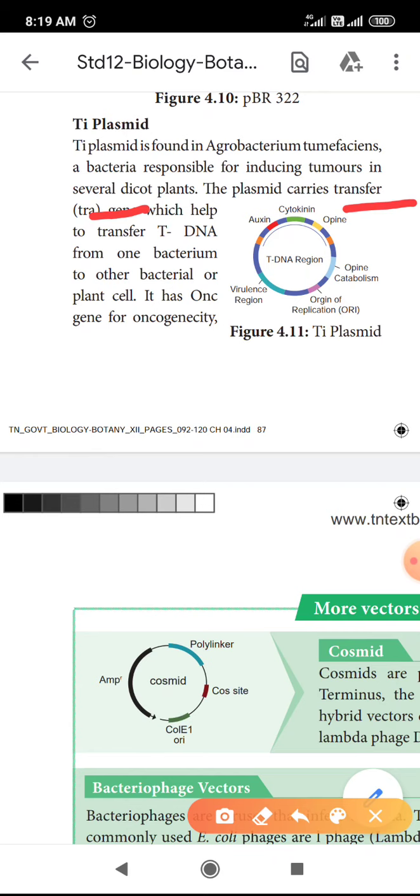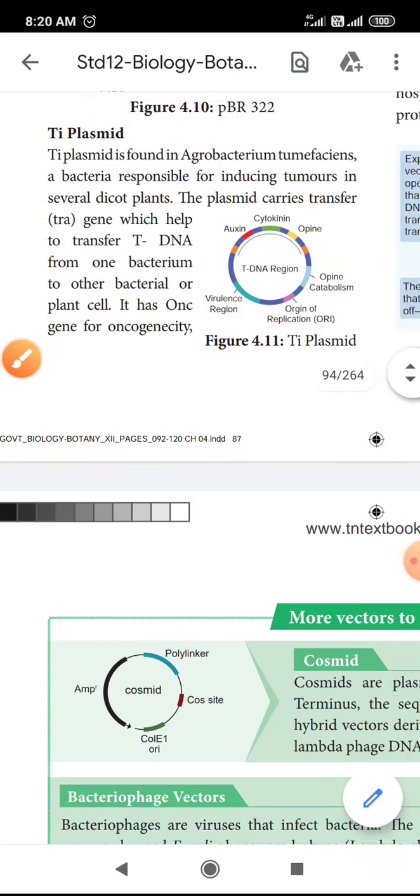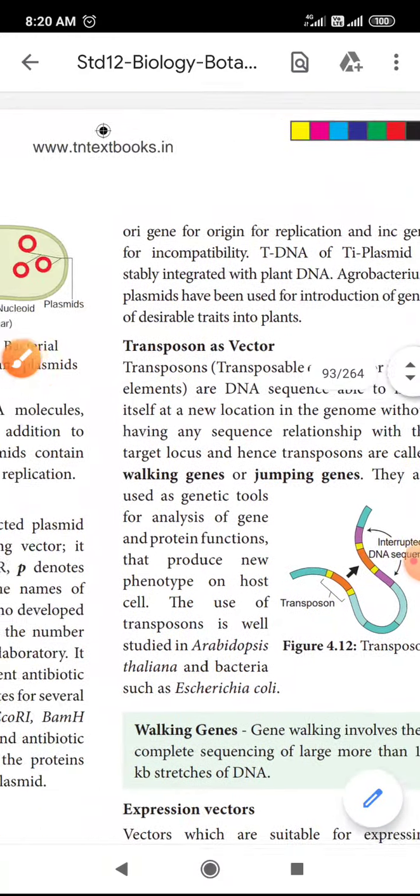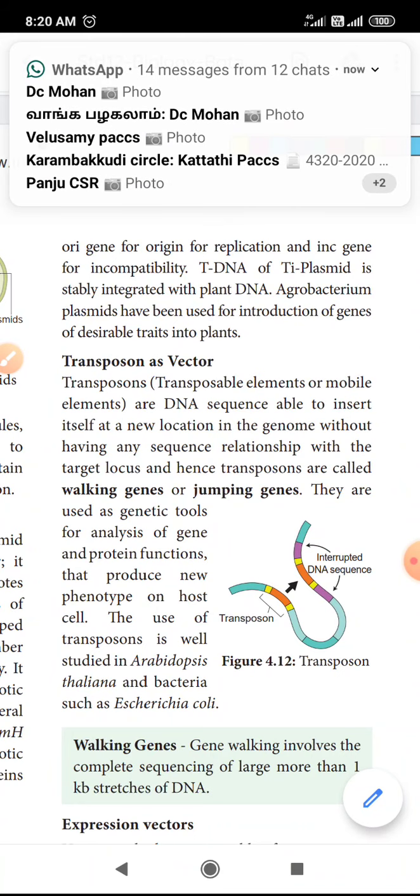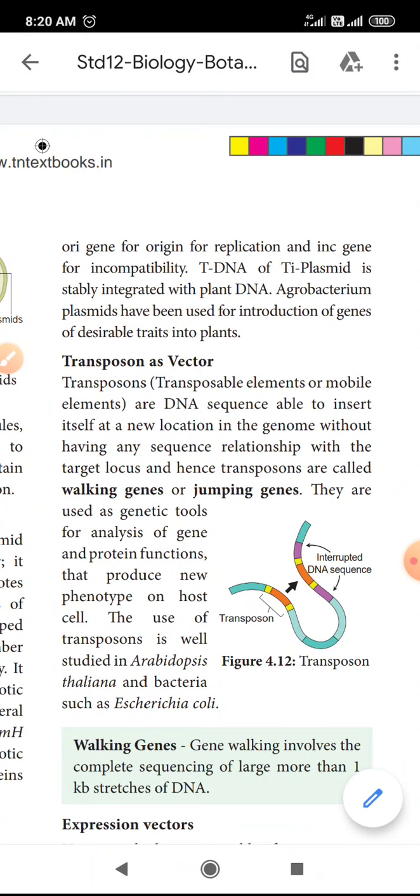It has an onc gene for oncogenicity, an ori gene for origin of replication, and an inc gene for incompatibility. T-DNA of the Ti plasmid is stably integrated with the plant DNA.